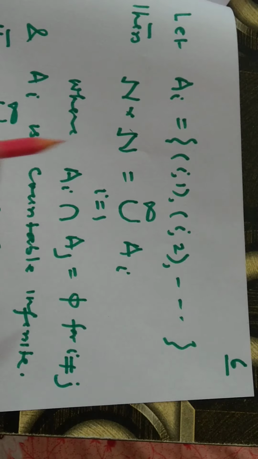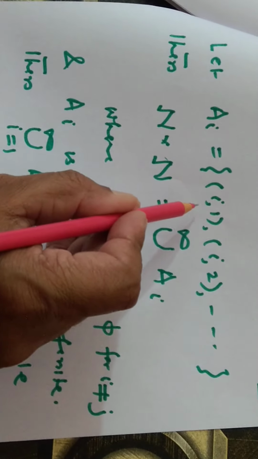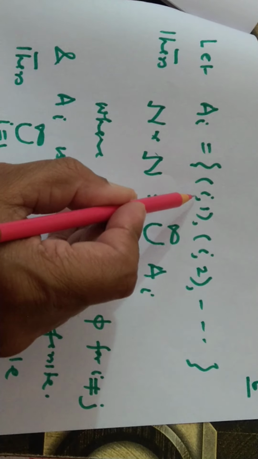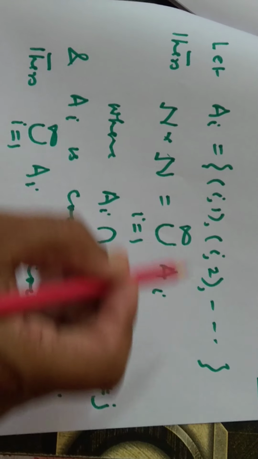Let us construct a set A_i that is equal to the set of all ordered pairs whose first member is i and second member is 1, 2, 3, 4 and so on.